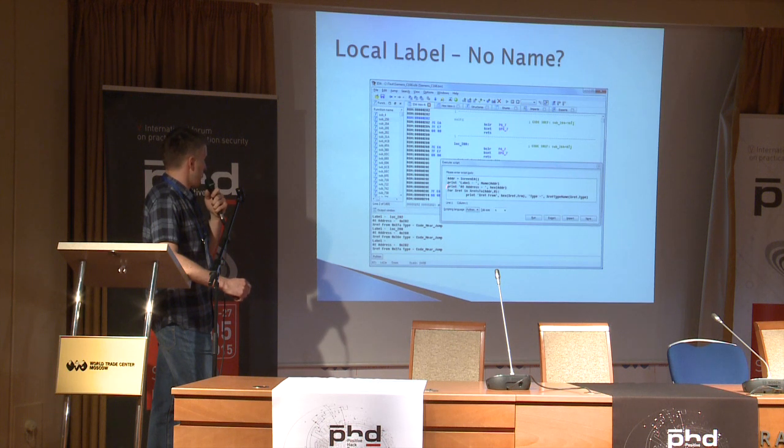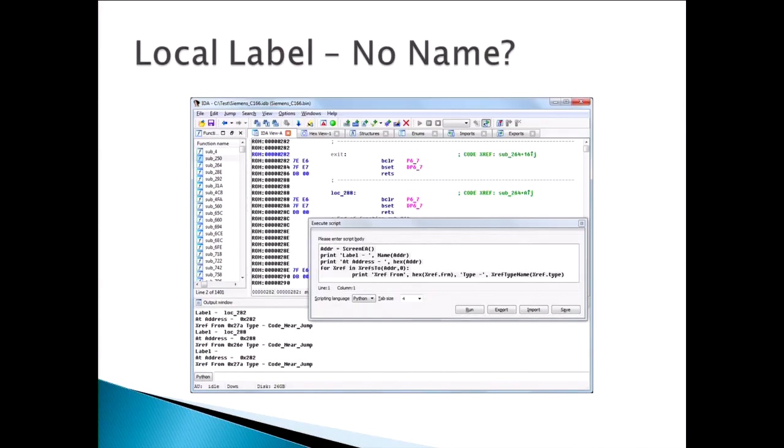We have not renamed this local label at address 222, and at 288 we have also looked at what leaves it and what comes there. There's a jump here and a jump here. So there are two different exits from the procedure through some conditions.